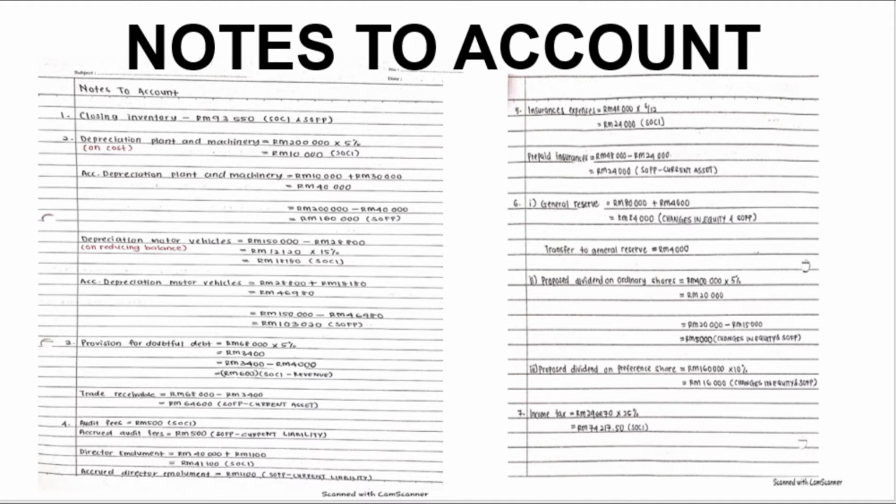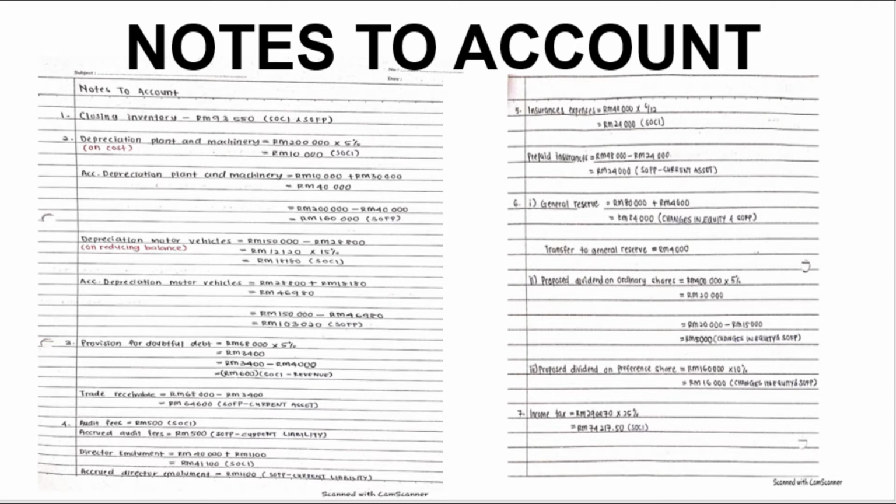So, accumulated depreciation is now going to be a total of 28,800 plus 18,118, which is equal to 46,918.